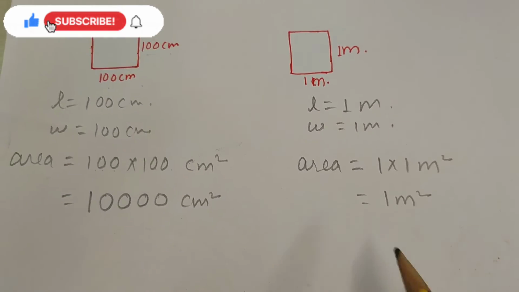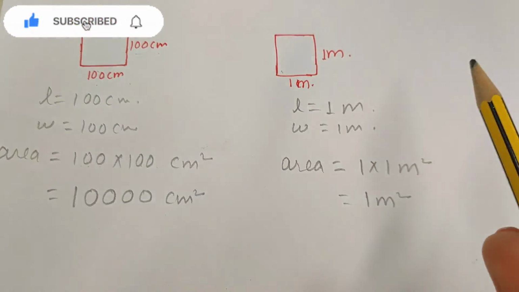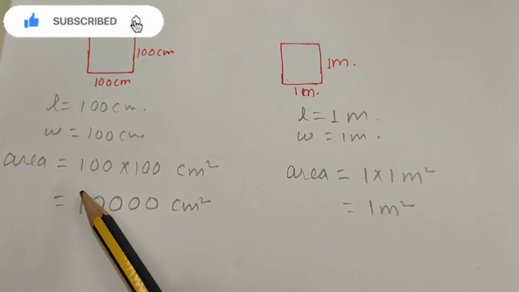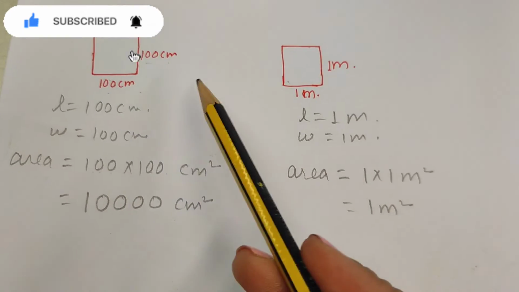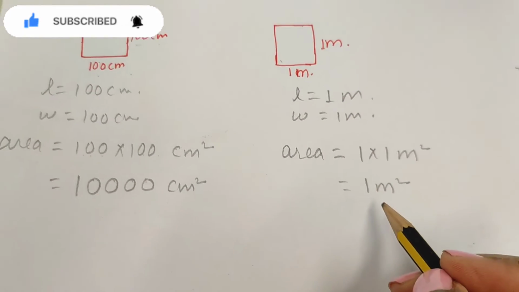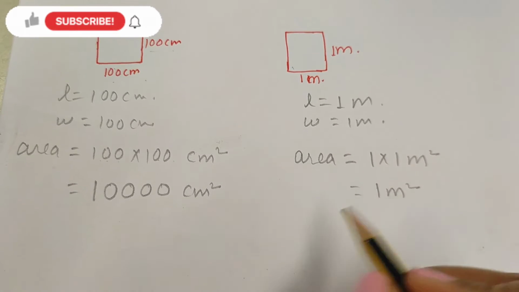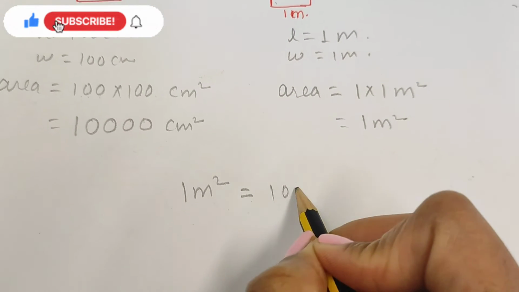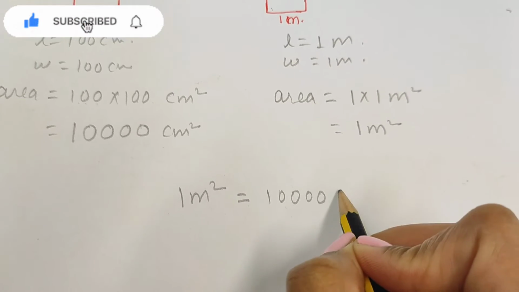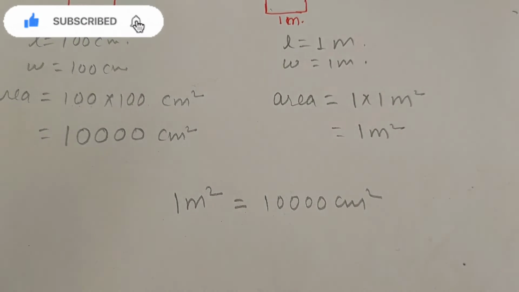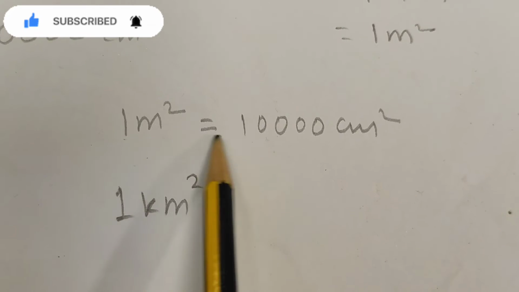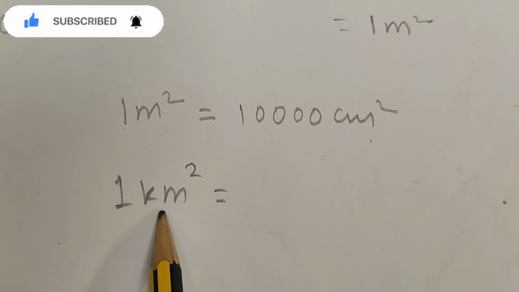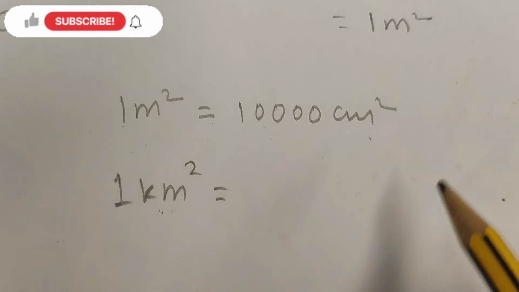Now, you can see that these two squares are the same, it's just that I have calculated areas in different units, right? So can I say from here that 1 meter squared is nothing but 10,000 centimeters squared?